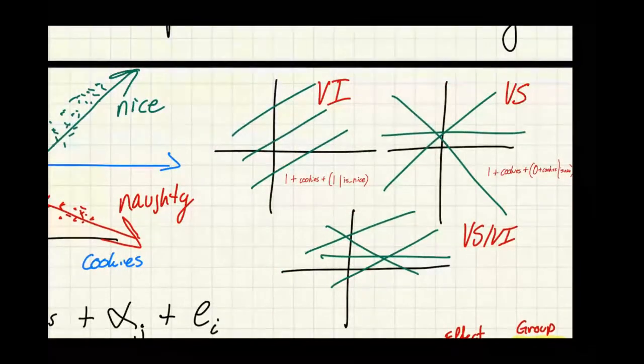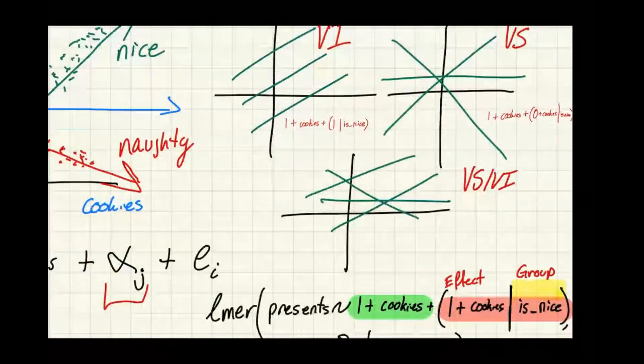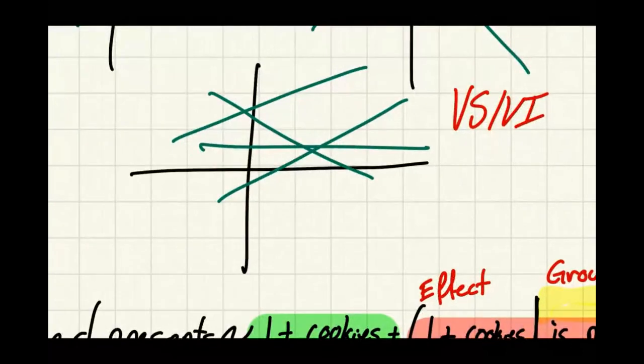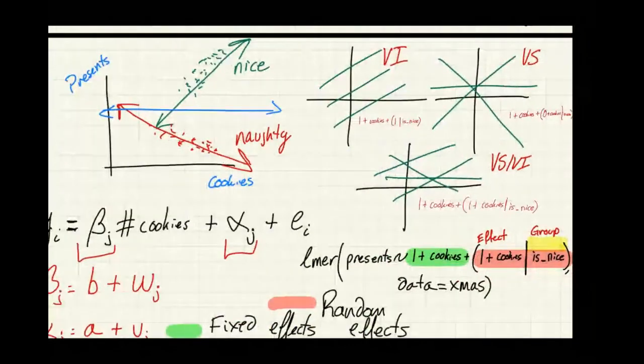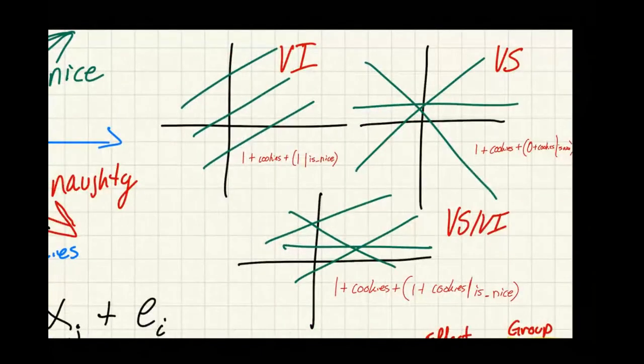So I've got just a 1 in the grouping factor for the varying intercept, and I've got 0 plus cookies for the varying slope. For both, I use both in the grouping term. 1 plus cookies plus 1 plus cookies by is nice. Those are the 3 specifications.